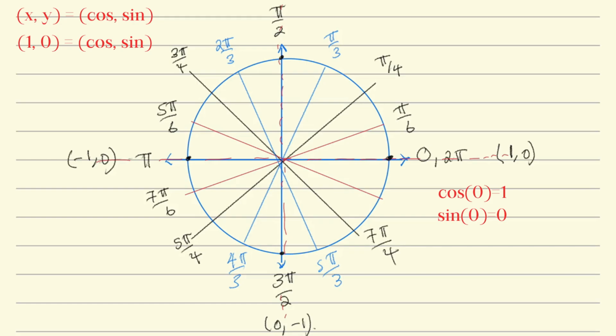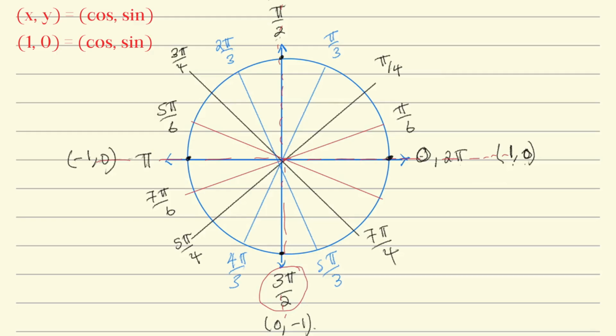Because 1 is for cosine here, which is x. So cosine 0 is 1 or cosine 2 pi is 1, okay? Sine 0, 0 as an angle is 0 and sine 2 pi is 0.